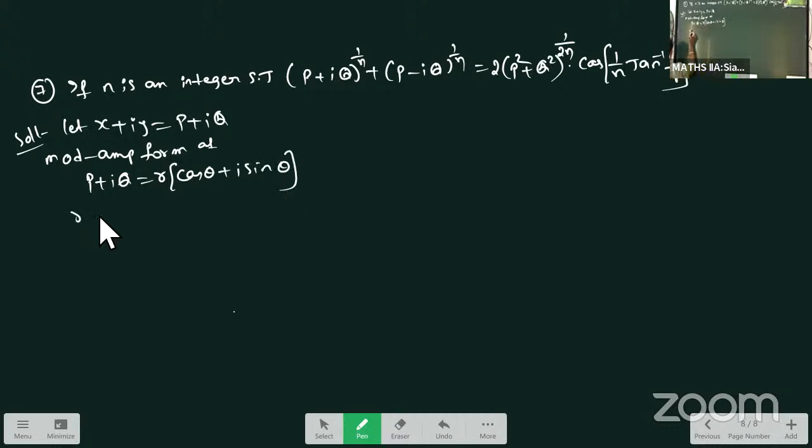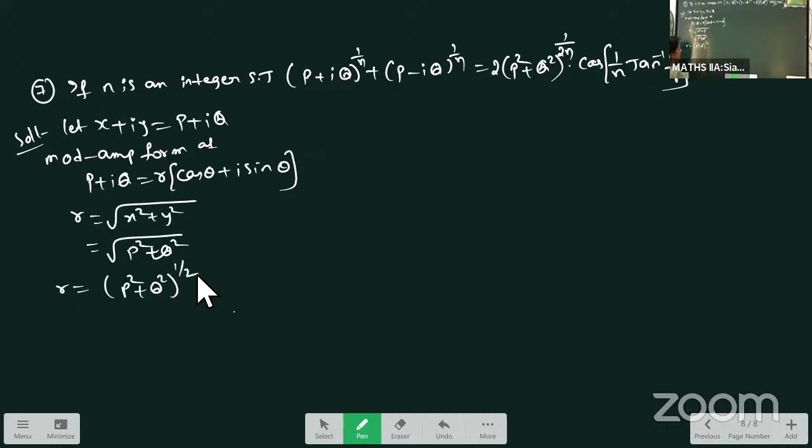Here r means under root of x square plus y square, that is nothing but under root of p square plus q square, which is power 1 by 2. Now theta is equal to tan inverse y by x, so tan inverse q by p.